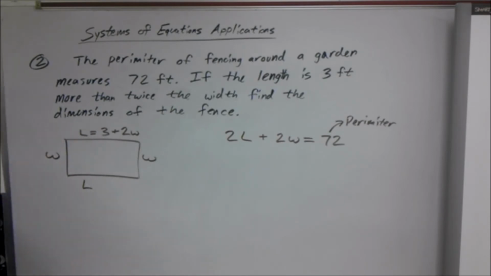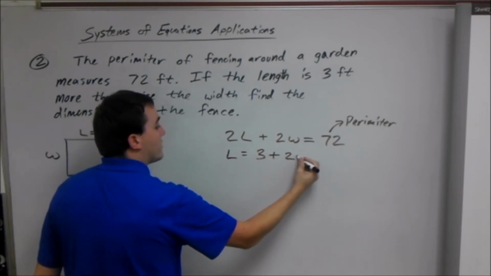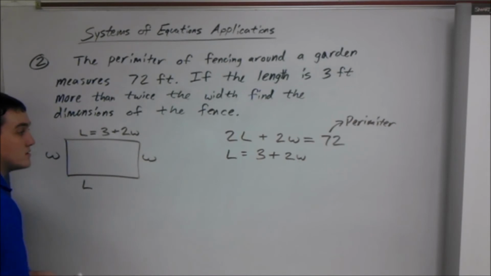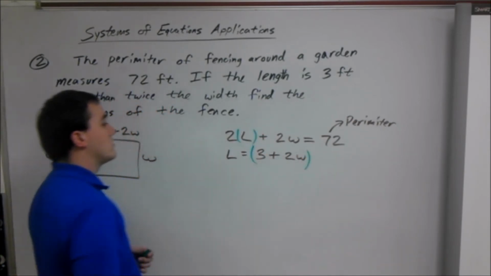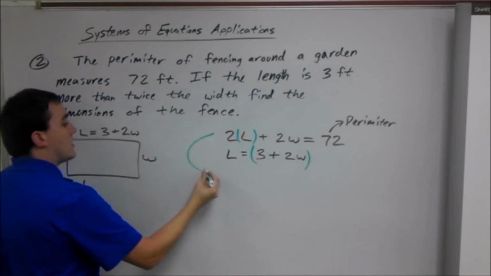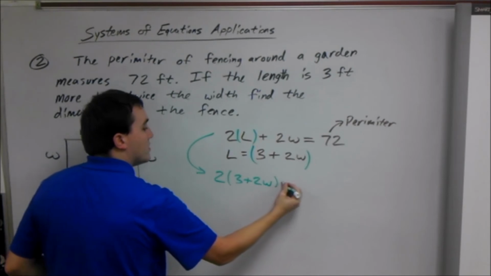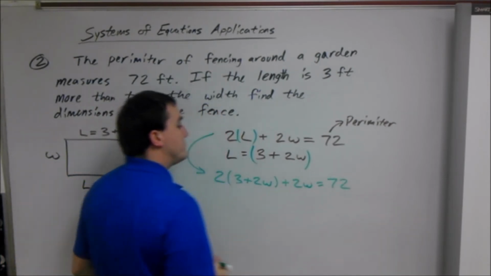All right, we know length equals 3 feet more than twice the width. So, again, by substitution, we can take this and put it in for our L here. So this equation becomes 2 times (3 plus 2w) plus 2w equals 72.